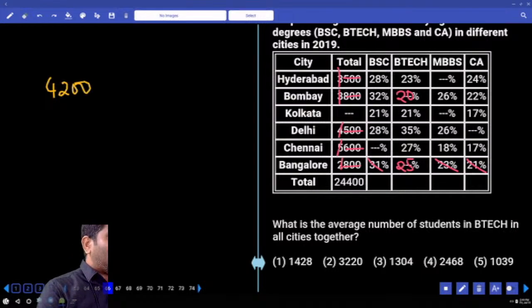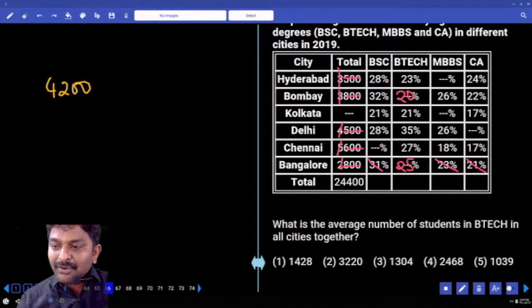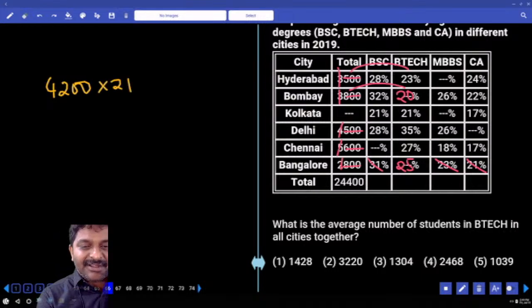They are in Kolkata. Okay, right. Now 23% of this number, 20% of this number, upon this 21%, then again 35%, 27%, 25%.